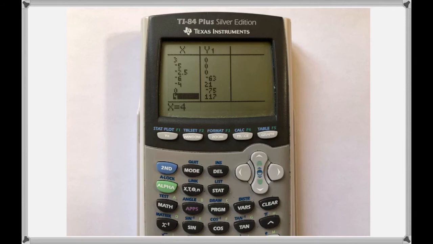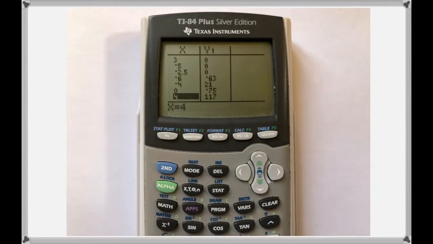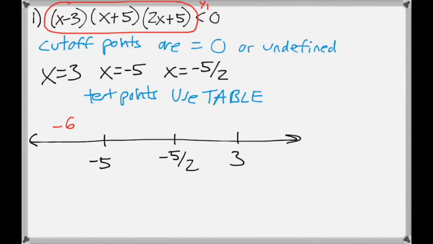Let me talk about where I'm getting those. I basically need to pick points in between these numbers. So I picked -6 because it's right here, and then I picked -4, and I picked 0, and I picked 4 because they lie in between these points.